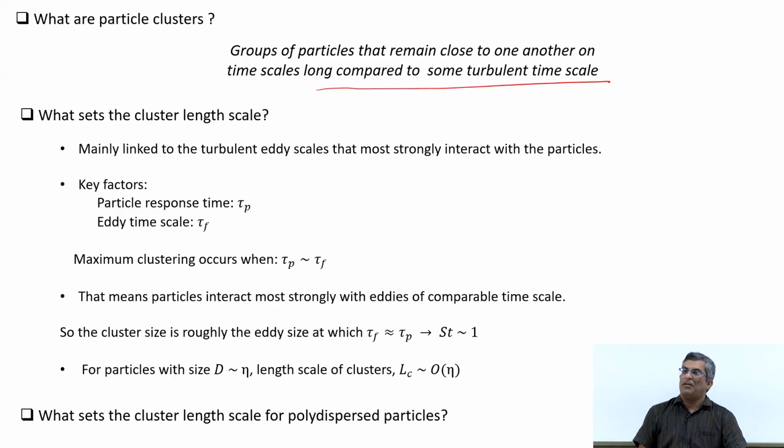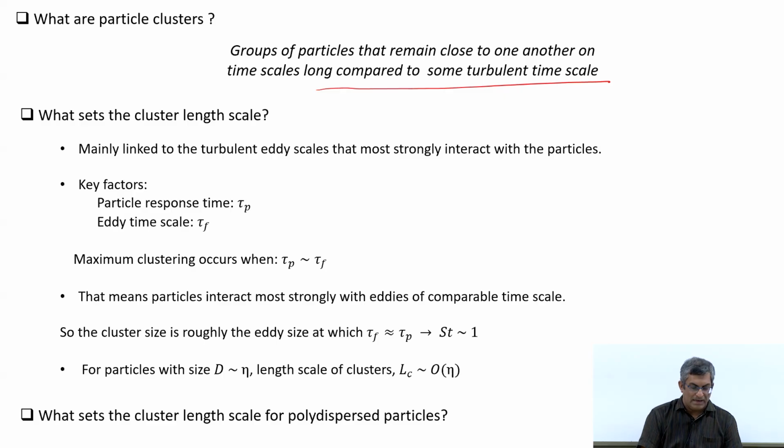People have actually calculated or measured, in numerical simulations and experiments respectively, the length scale of the clusters, and they found that the average length scale of the clusters is always of the order of the Kolmogorov scale, let us say 10 times, even larger than that, 20 times, 30 times the Kolmogorov scale, but you can compare that with the Kolmogorov scale.